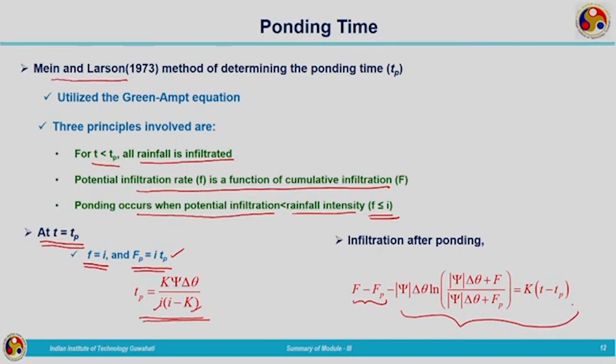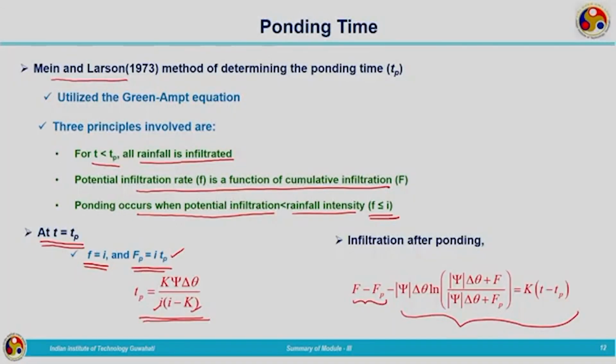This equation has to be solved by iterative methods, because it is an implicit equation with infiltration on both sides. So, some trial and error techniques need to be utilized for solving this equation, and after that we have solved some numerical examples, and covered the entire concepts related to the hydrologic process of infiltration taking place beneath the ground surface.